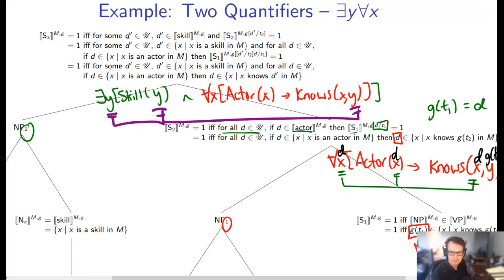So for some D prime in our universe, D prime is a skill, so it's in the noun, and S2 is true, sentence below it is true with some binding modifications. So now G of T2 is equal to D prime. So we've had essentially two different assignment function changes to account for our binding.